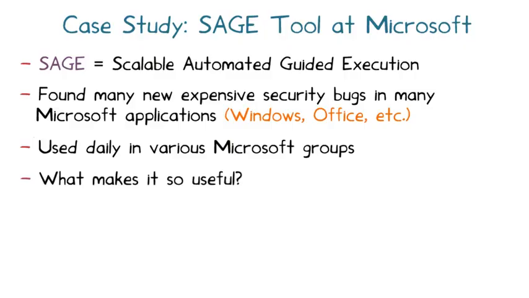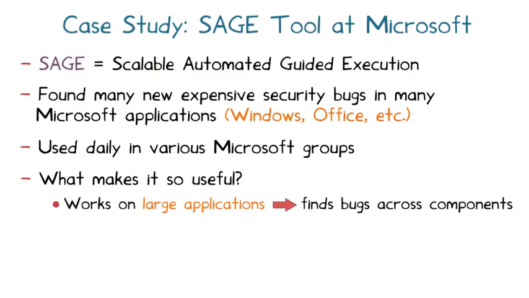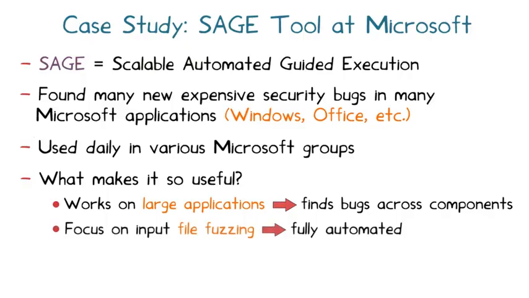What makes Sage so useful? There are several reasons. First, it works on large applications, not just small units. So it detects bugs due to problems across components. Second, it focuses on fuzzing input files, which are a typical kind of input to many applications. For instance, a typical input to a web browser application is an HTML file.